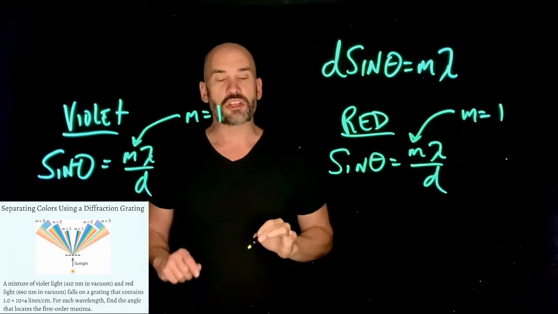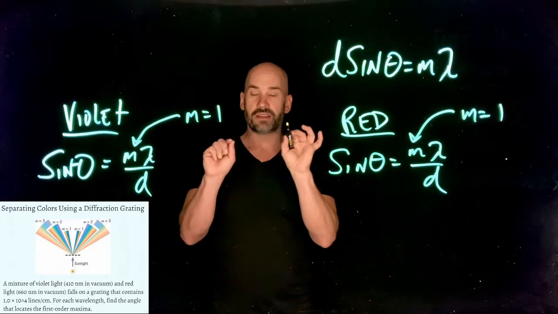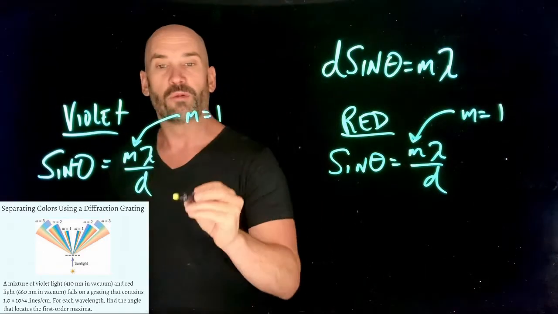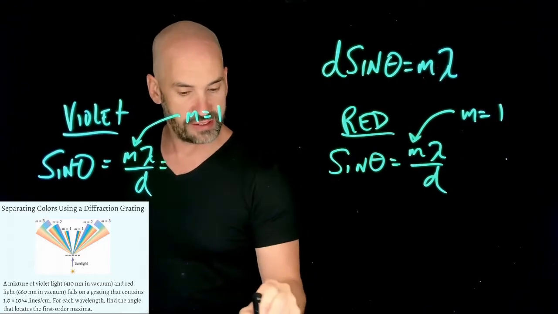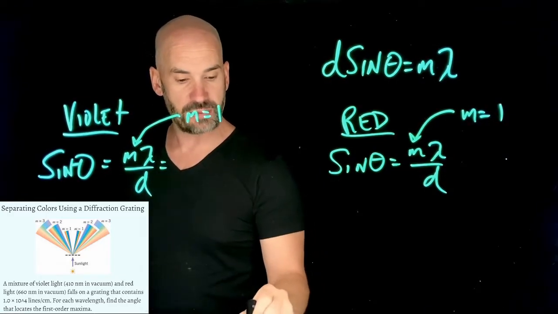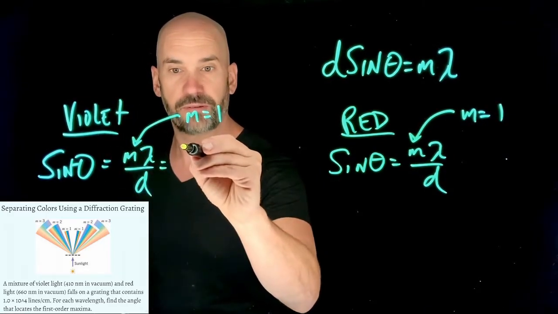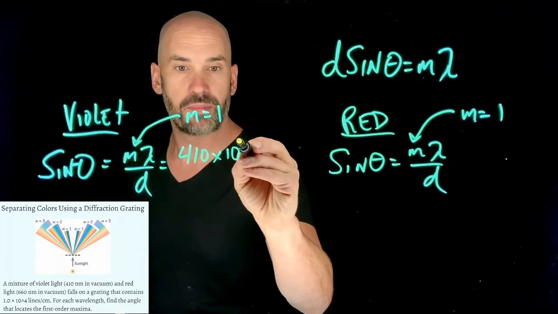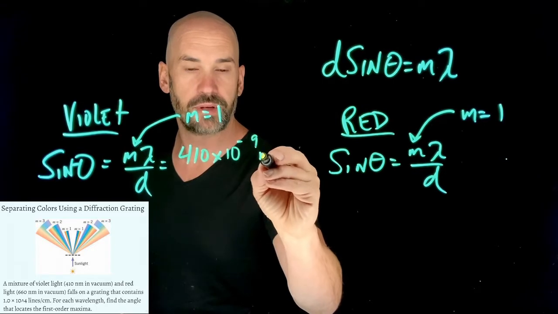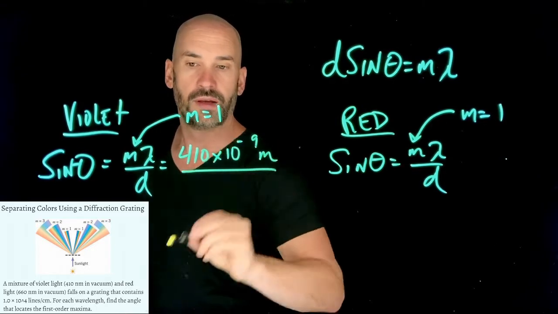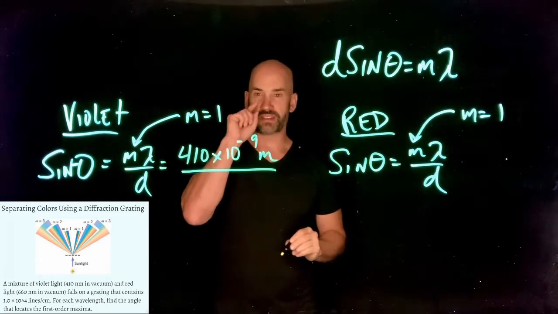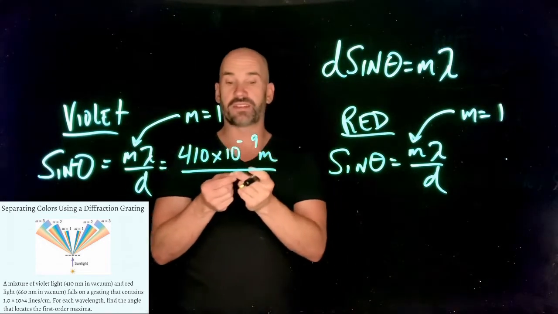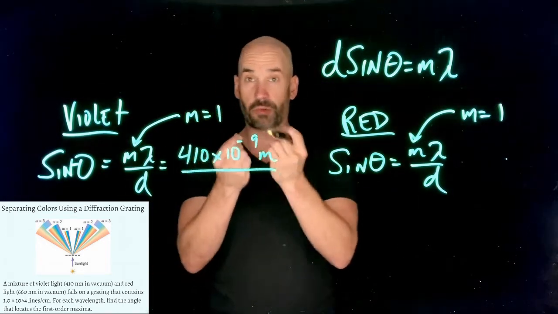Now, what changes here is the wavelength. If we're going to substitute this in, the wavelength says 410 nanometers for the violet, so that's going to be 410 times 10 to the minus 9 meters. And we need to know what d is. Remember, d is the distance between the slits in the grating.